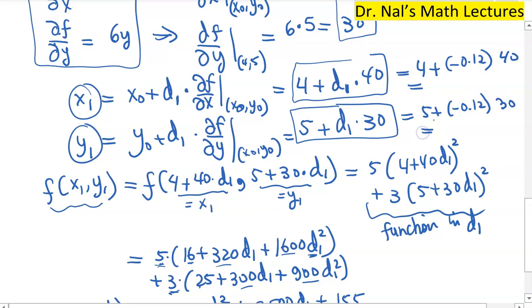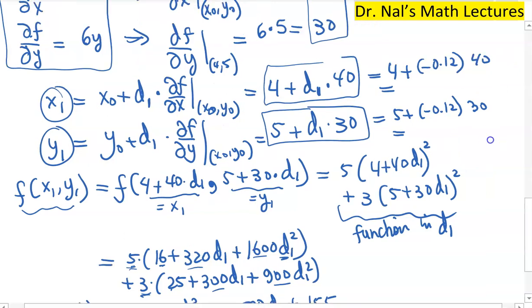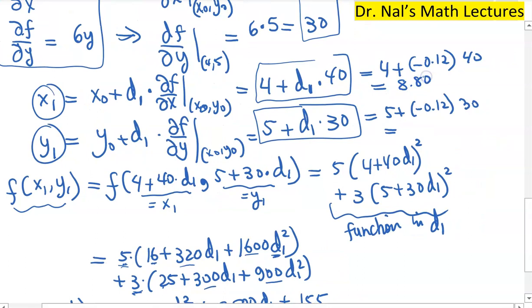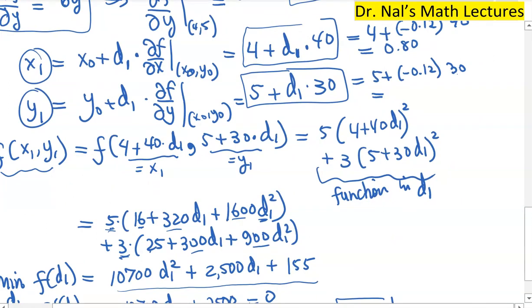Let's quickly do the calculations. 0.12 times 40 equals 4.80, and 4.8 minus 4 is 0.80. Sorry, it was a minus sign. There you go, 0.80. And for the second one, it will give me 30 times minus 0.12, so that will give minus 3.6. And I add 5 to it, which gives me 1.40. That's pretty much it. So that's x1, y1.